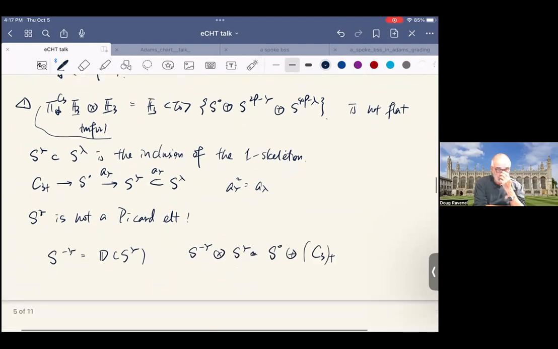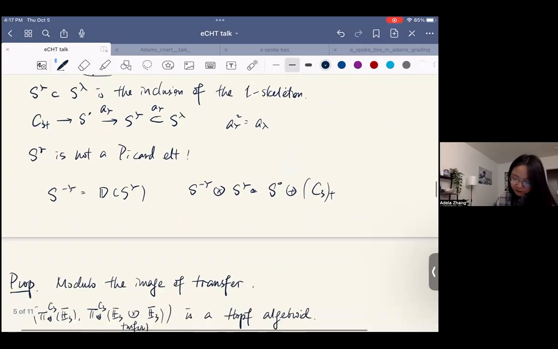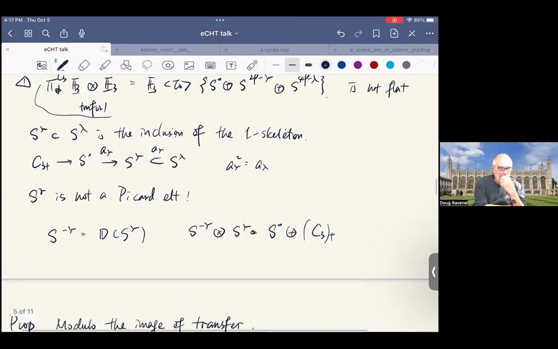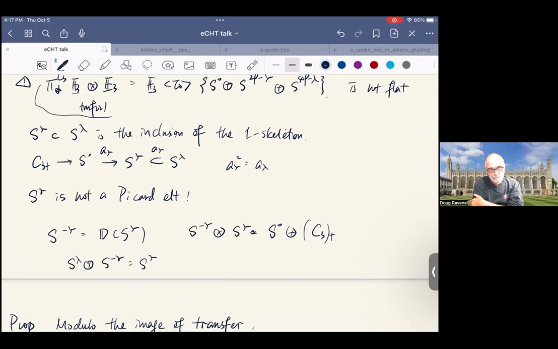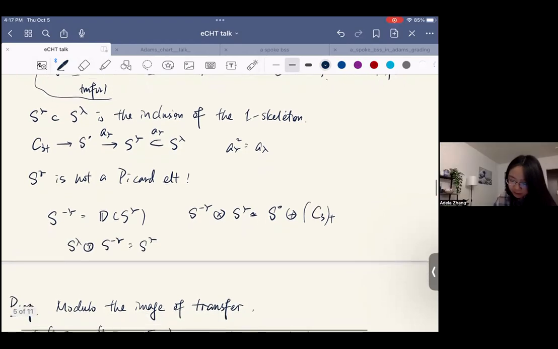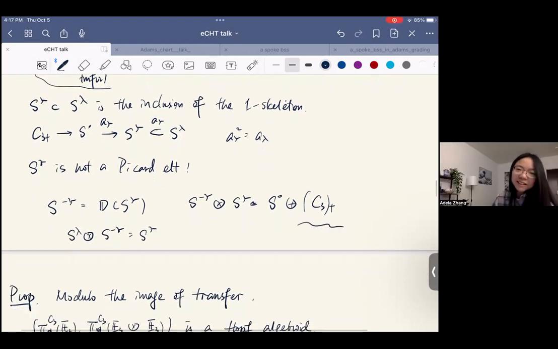Wait, is that dual just a desuspension of S spoke? Desuspension, yeah. So S lambda tensor S minus spoke is S spoke. So they're related, but they're not literally just inverse of each other. It's not invertible. Okay. Yeah.